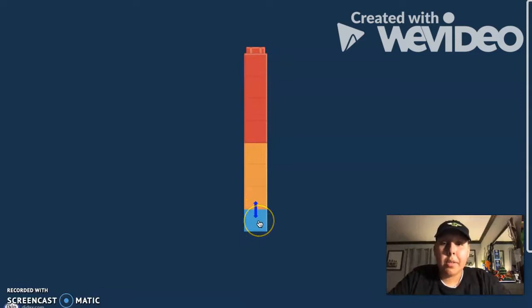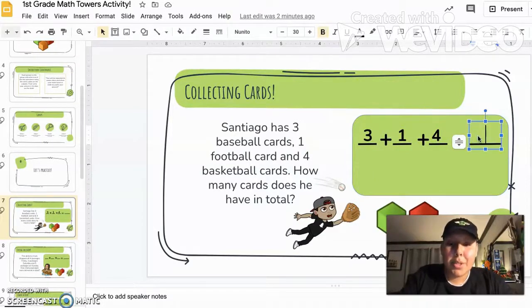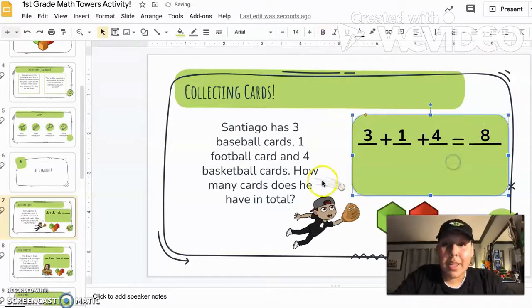So first is the blue. We'll start from the bottom and work our way to the top. So 1, 2, 3, 4, 5, 6, 7, and 8. So our answer, 3 plus 1 plus 4 is equal to 8.